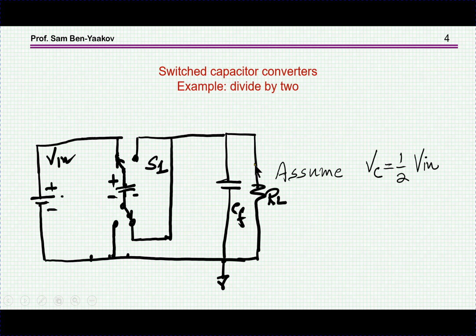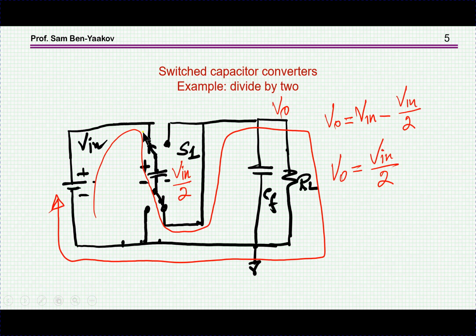Now, what about a switched capacitor converter? Let's have a look first of all at the operation of a typical switched capacitor converter, and I'm showing here a divide by two. In this case, we have the so-called flying capacitor connected in series with the input and output, and then in parallel to the output. Let's assume that the voltage on this capacitor is V in over 2, and we'll see that it will be maintained.